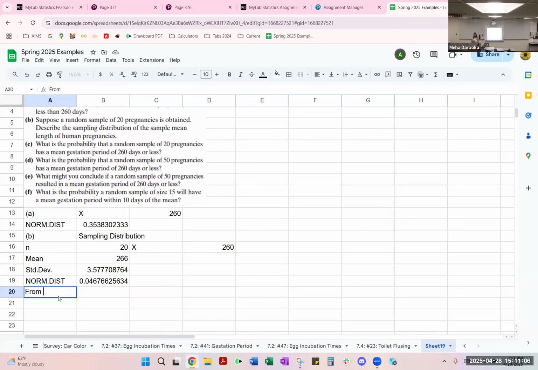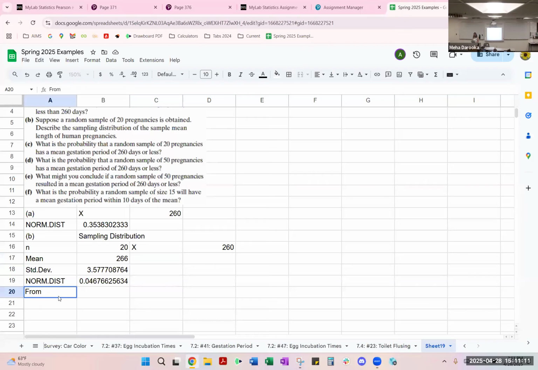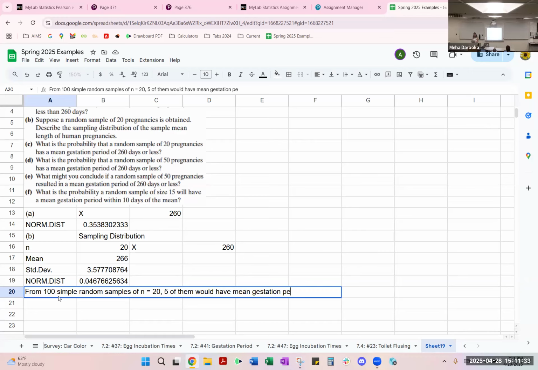So from 100 simple random samples, well, if we had to round it up, we would say about 5 of them would have a mean gestation period of 260 days.